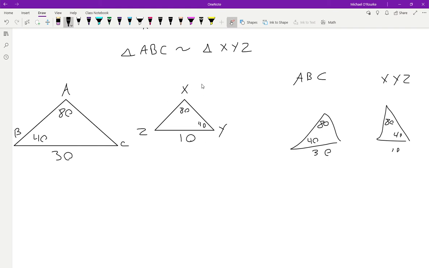Now you could have gone the opposite way, but all I want to do is make sure that your first two kind of go in a logical fashion. Like these two should match on both of these. As in, mine go from 80 to 40, 80 to 40. Yours could be, hypothetically, I could have done it like this.